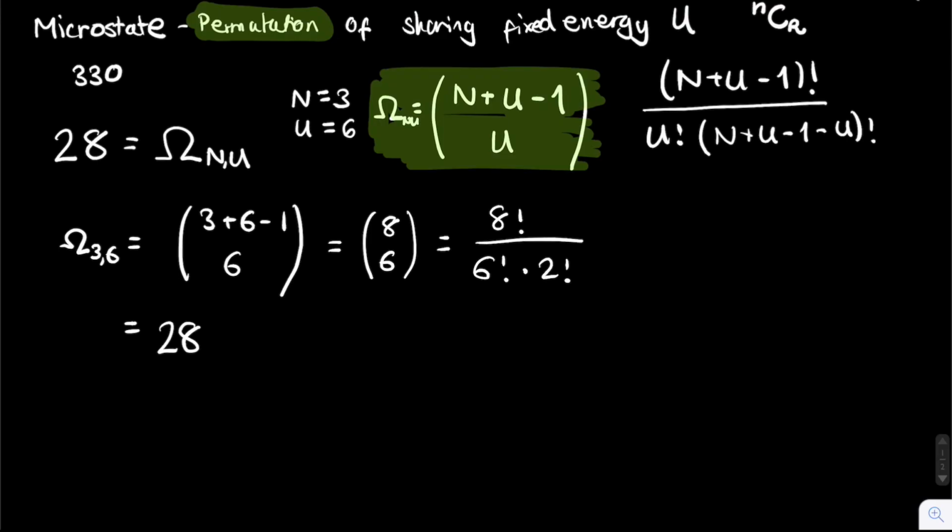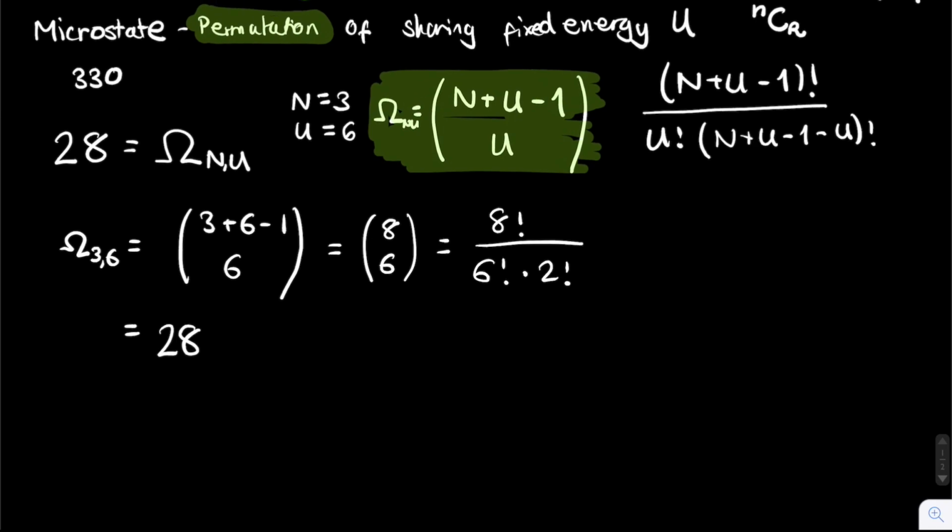So what's next? Well, we're going to make a postulate right here. And we do this a lot in physics. We like to make our postulates. And we're going to say that all of these microstates, all of these 28 different ways of sharing this energy U are equally likely.